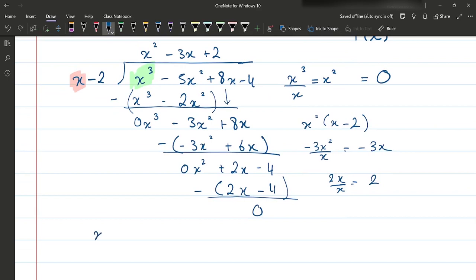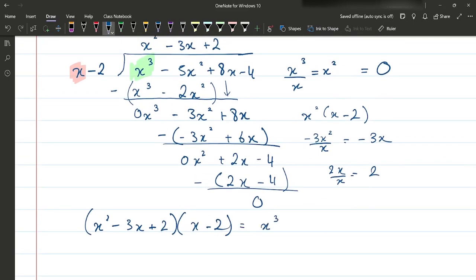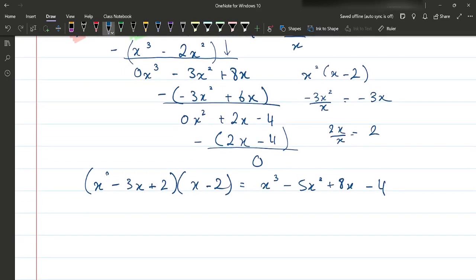So if we have x squared minus 3x plus 2, and we multiply that by x minus 2, we should get x to the power 3 minus 5x squared plus 8x minus 4. Alright, so this has been factored. You can also keep on factoring this to make it even more factored.